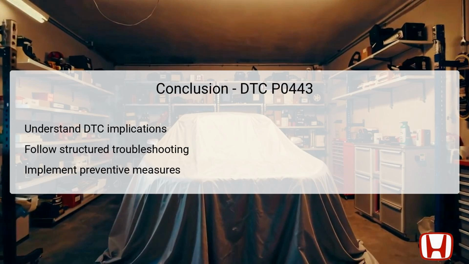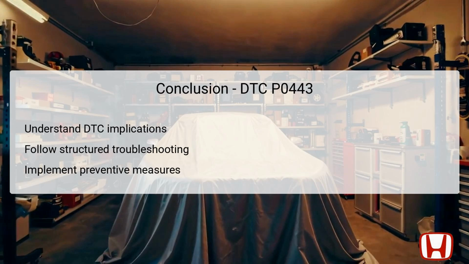In conclusion, DTC P0443 highlights an important malfunction in the EVAP canister purge valve circuit, a critical component for efficient vehicle emissions management. Understanding the implications of this DTC enables technicians to address issues effectively and implement structured troubleshooting protocols.